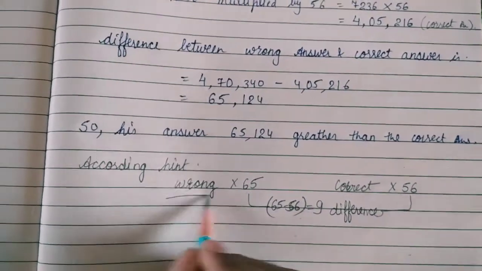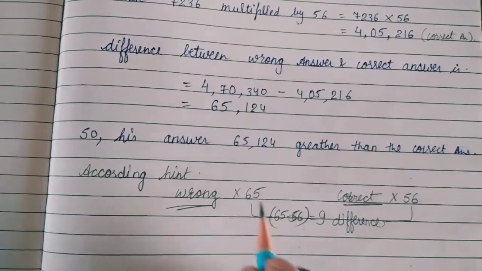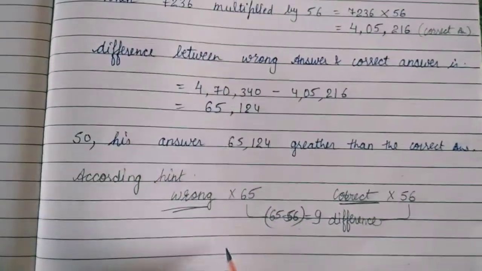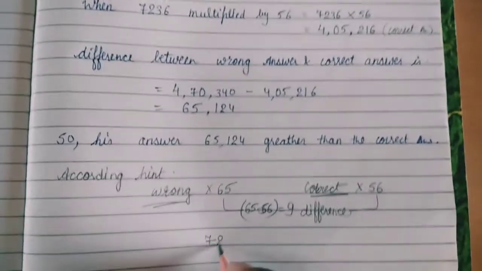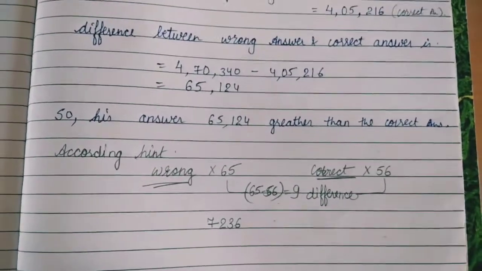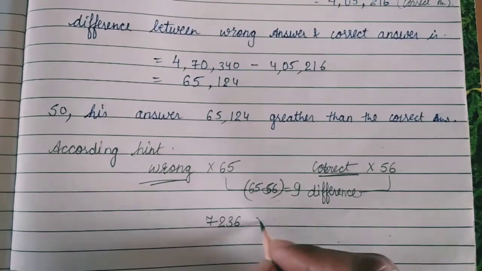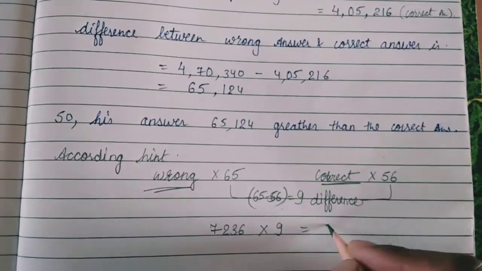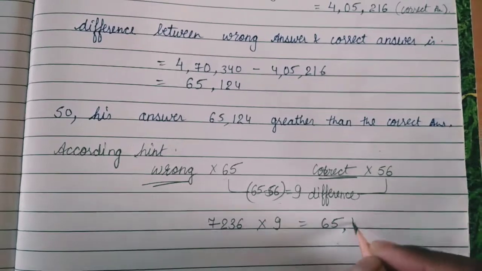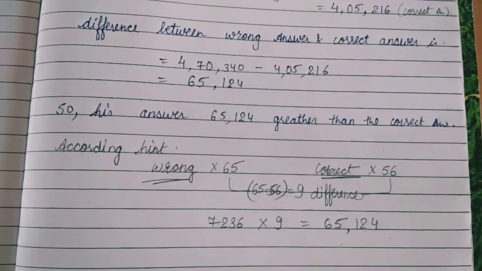Where are they both multiplying? Both 65 and 56 are multiplying 7236. So simply we will multiply 7236 by 9. Again we will get 65,124.